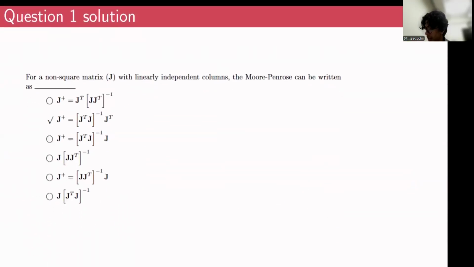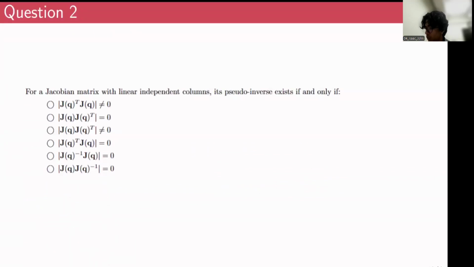Yes. Now moving on to question 2. For a Jacobian matrix with linearly independent columns, its pseudo inverse exists if and only if... So it's an extension of the previous problem. So, linearly independent columns.